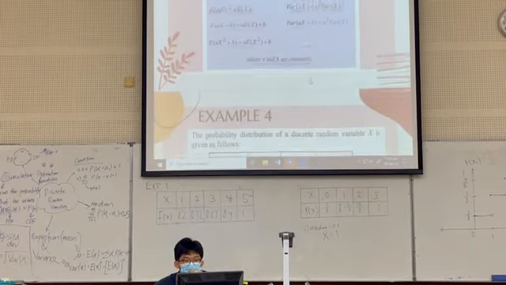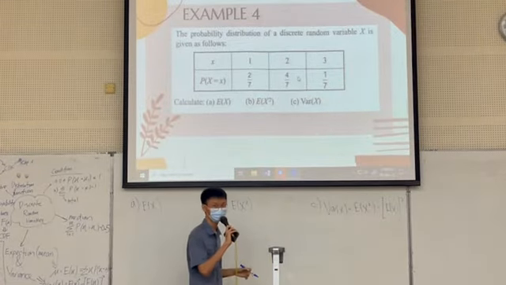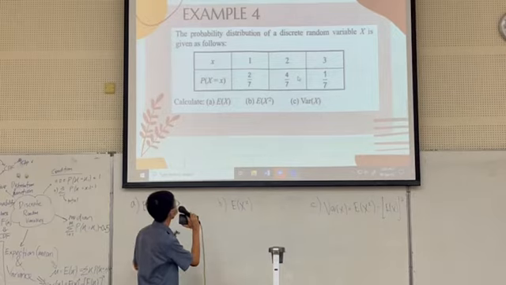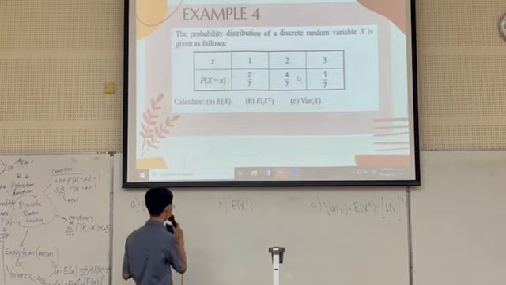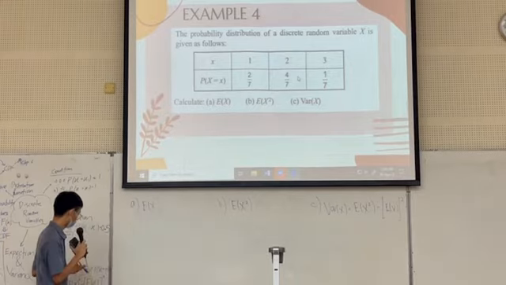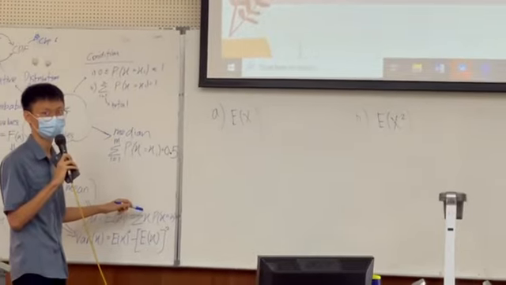So we will move on to example 4. So we proceed to the next question. This question wants us to find the expectation. We know that the expectation is the sum of x multiplied by its probability.